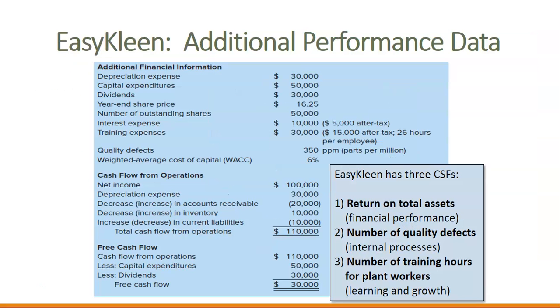When we look at the performance measures, they have 3 CSFs. These CSFs are also called KPIs in some other textbooks. So we have return on total assets, which covers financial performance, number of quality defects, internal processes, and number of training hours for plant workers, so learning and growth. So we have three of the four balanced scorecard components covered in our CSFs.